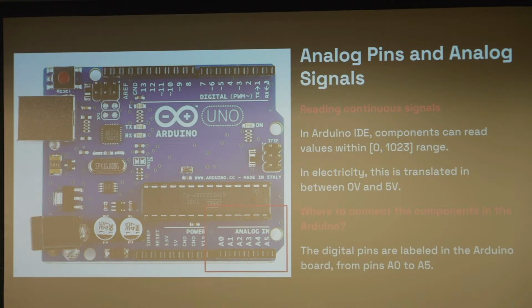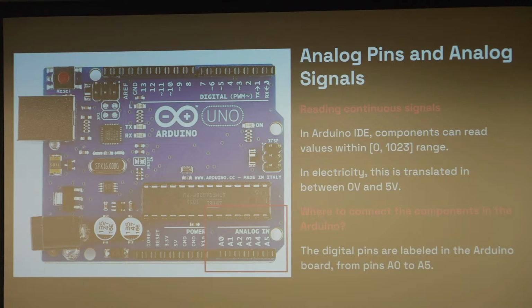If you translate that into electricity, you get anything between 0 volts and 5 volts. So in the future mini project, we're going to change the brightness of the LEDs. It's not going to be either fully turned on or fully turned off, but instead we're going to be able to manage the brightness gradually.